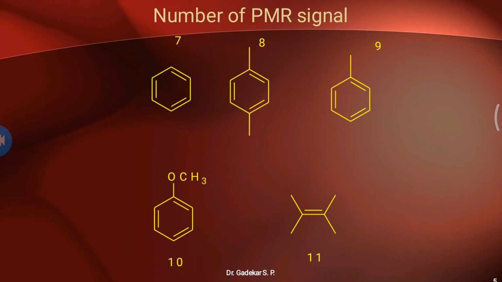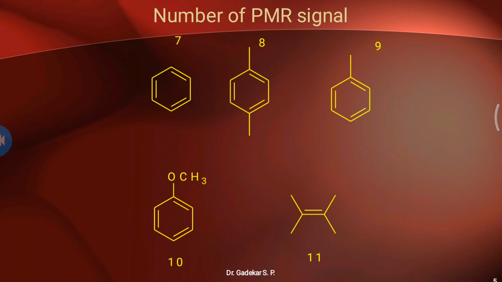Similarly, the ninth example is toluene. Toluene consists of one methyl group and a benzene ring containing 5 protons. These methyl and benzene protons are not chemically equivalent, and it gives 2 signals. Anisole, the tenth example, has a benzene ring and a methoxy group.